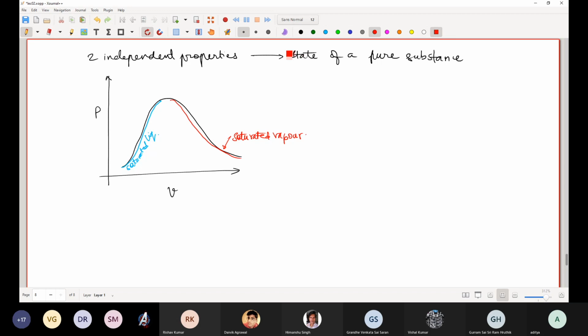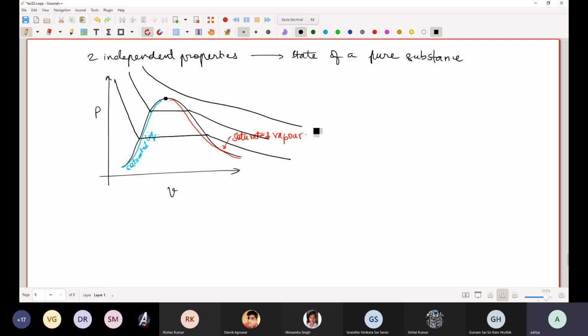Okay, so in this particular case, how do the isotherms look? The isotherms will look something like this. And after a certain point, which is the critical point, this is how the isotherm varies. All right.